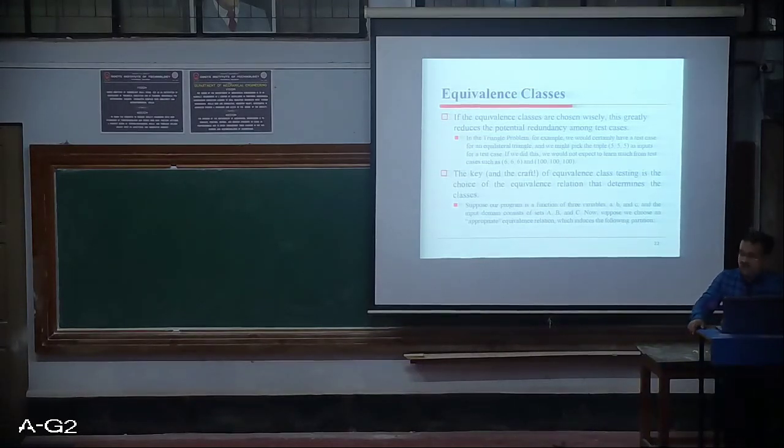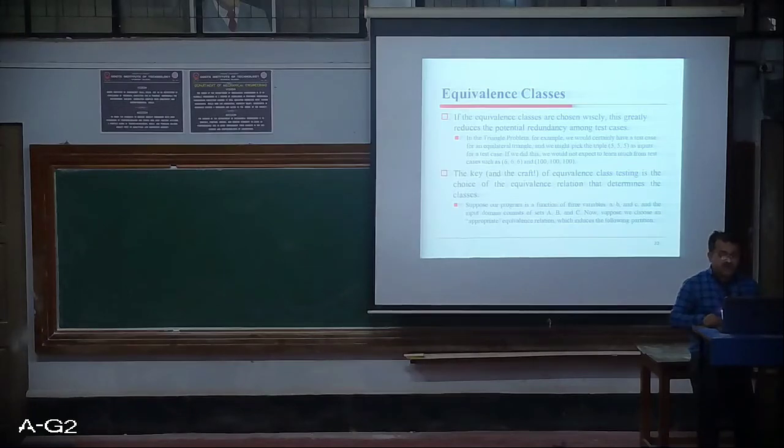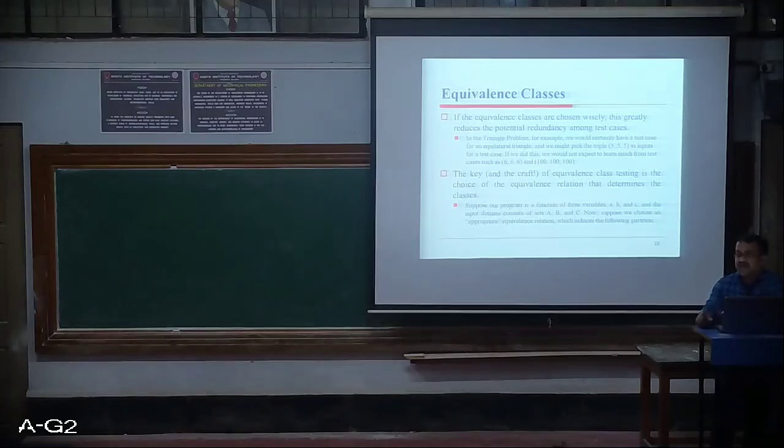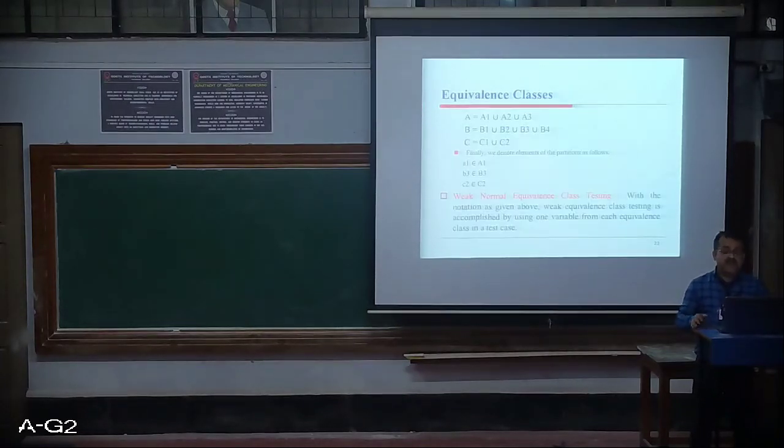So the craft of equivalence class testing is the choice of the equivalence relation that determines those classes, those subsets. Suppose our function has 3 variables, a, b and c, and the input domain consists of capital A, capital B, capital C. Suppose we choose an appropriate equivalence relation which induces the following partitions.